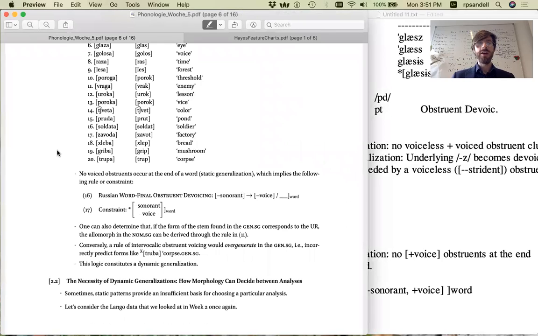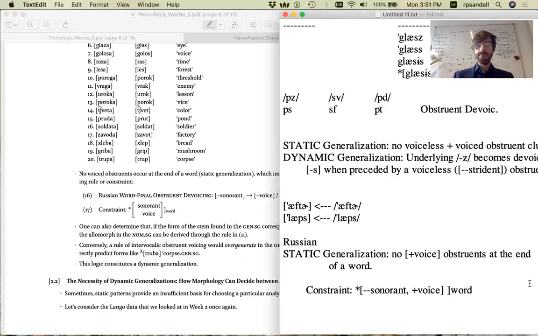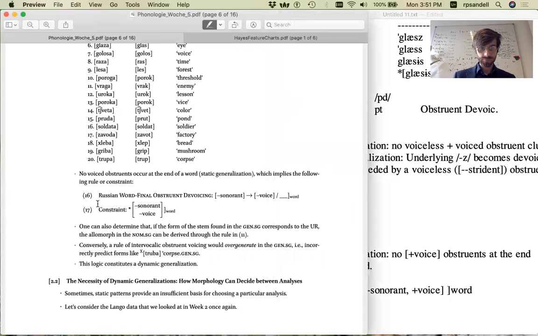Now, if we compare different inflectional forms of the same word in the nominative and the genitive with one another, we can use a dynamic generalization to see that if the form of the stem found in the genitive singular corresponds to the underlying representation of the stem, so for instance, in the word for time, row number 8, if we think that the stem has an underlying z, then the rule given here in, we should say in 16, could be used to derive the nominative singular.